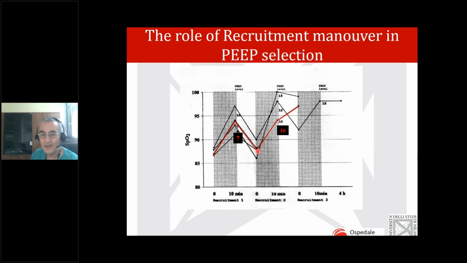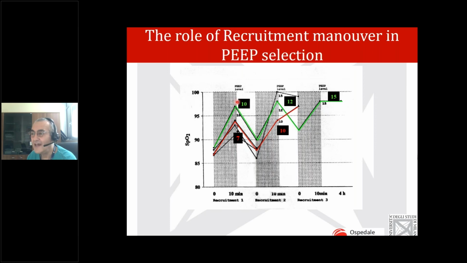It means this lung is recruitable, but with a PEEP of 7 it cannot stay open. So I repeat the maneuver, but I apply a higher level of PEEP. In this case, 10 was capable of stabilizing the alveoli to have a sustained improvement in oxygenation. Let's consider instead Mr. Green.